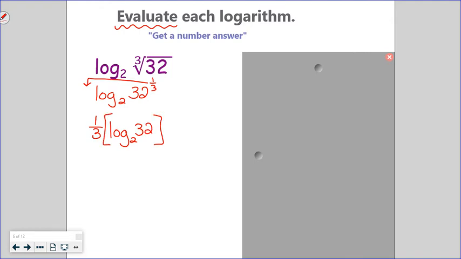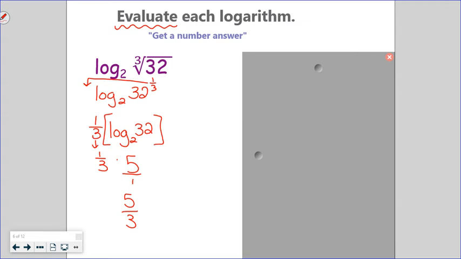This is a lot easier for me to do in my head. 2 raised to what gives me 32? 2, 4, 8, 16, 32, 2 to the 5th. So this is 5. Bring down that 1/3. 5 times 1/3, straight across the top, straight across the bottom, would be 5/3. Questions on that?